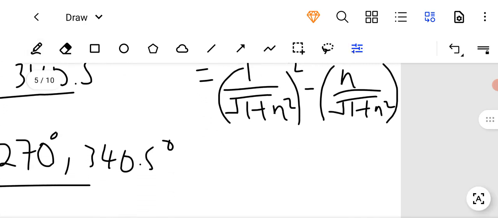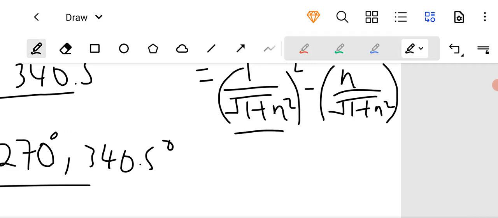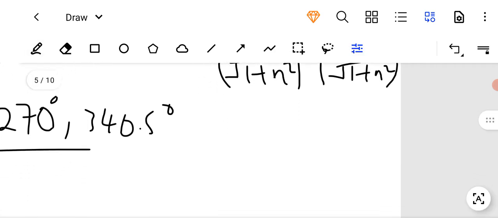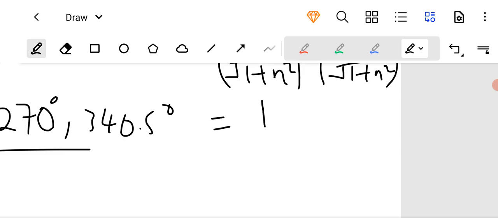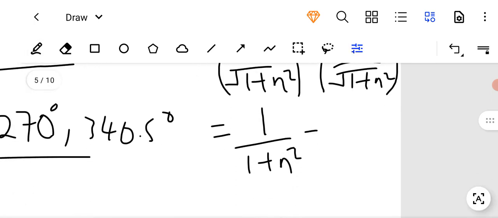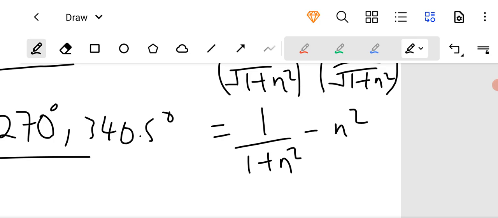Then simplifying this, the bracket multiplies itself twice. We're going to have 1 divided by 1 plus n squared, then minus n squared divided by 1 plus n squared.